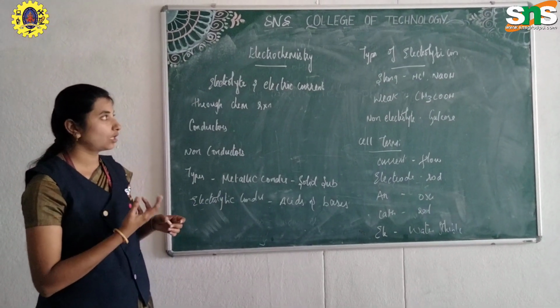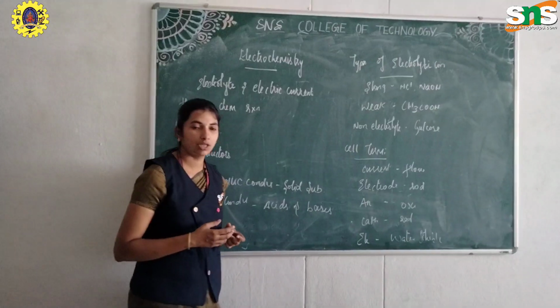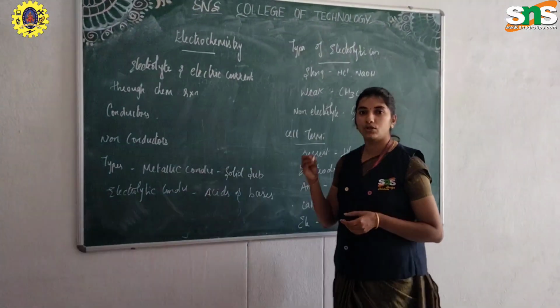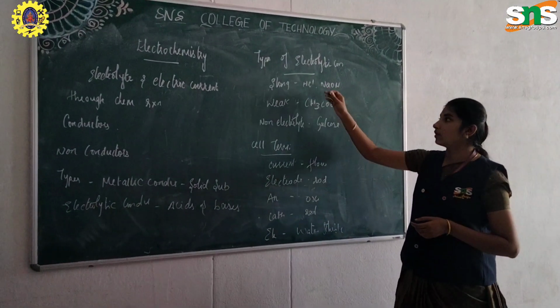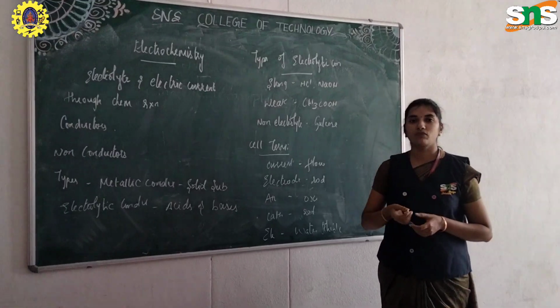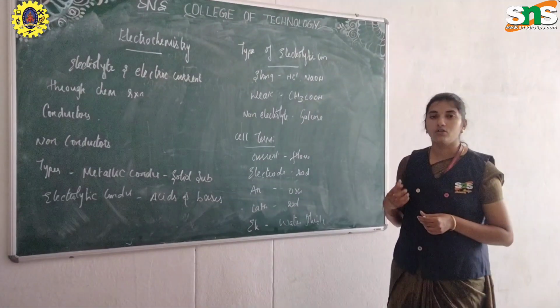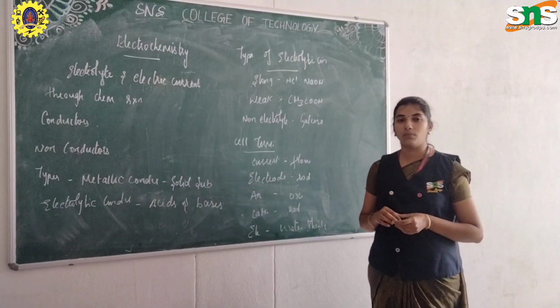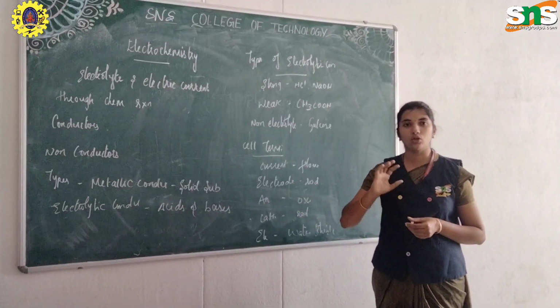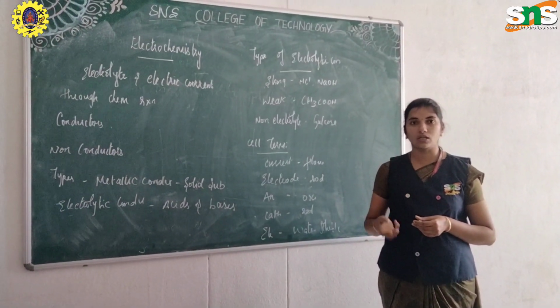And next we are going to see the types of electrolytic conductors. There are three types of electrolytes: strong, weak and non-electrolyte. A strong electrolyte is one which ionizes completely in all dilutions, and the examples are HCl, NaOH and NaCl. Most salts ionize in all dilutions. The weak electrolytes are, for example, CH3COOH, acetic acid, which partially ionize in all dilutions. A substance which partially ionizes in all dilutions is called a weak electrolyte.